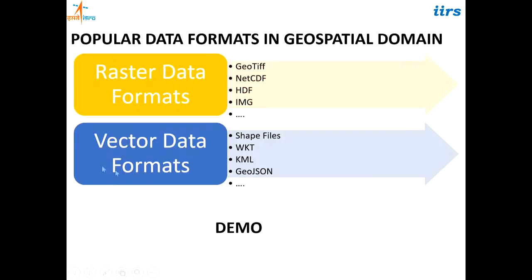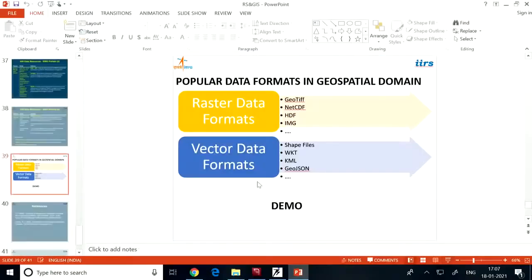Whereas for vector data handling, we have shapefiles, well known text WKT format, KML, and GeoJSON. So there are many formats, but these are the four basic or very popular data types for vector data handling. Similarly, for raster data handling, GeoTIFF, NetCDF, HDF, and IMG. I already told you about GeoTIFF. A small demo I will give you over here.